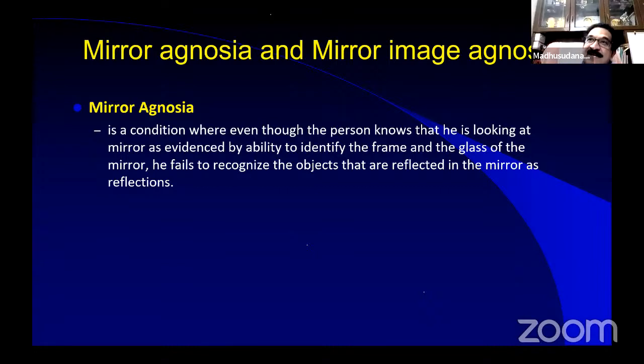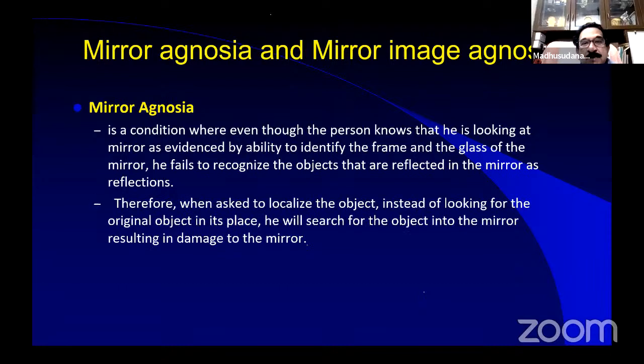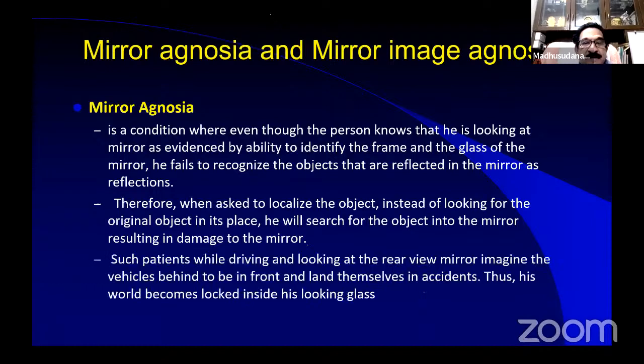These people will think that the car is coming from the front, because that idea is not there. Therefore, when asked to localize the object, instead of looking for the original object in that place, he will search for the object in the mirror, resulting in damage to the mirror. Such patients, while driving and looking at the rear view mirror, imagine the vehicle behind to be in front and land themselves in accidents. So his world becomes locked inside his looking glass.